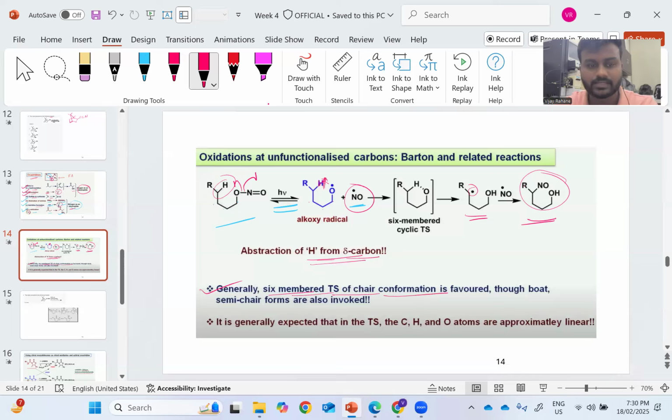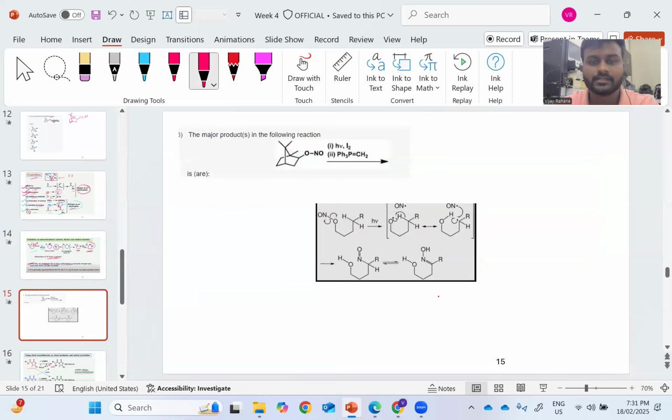So if you have some starting material, let's directly take the example. Here, if you have some bridge structure, and if you look at the alpha, beta, and gamma, at this point there is no hydrogen.